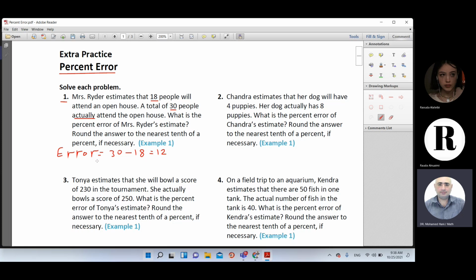Now we want to find the percent of error. Equal part over whole.